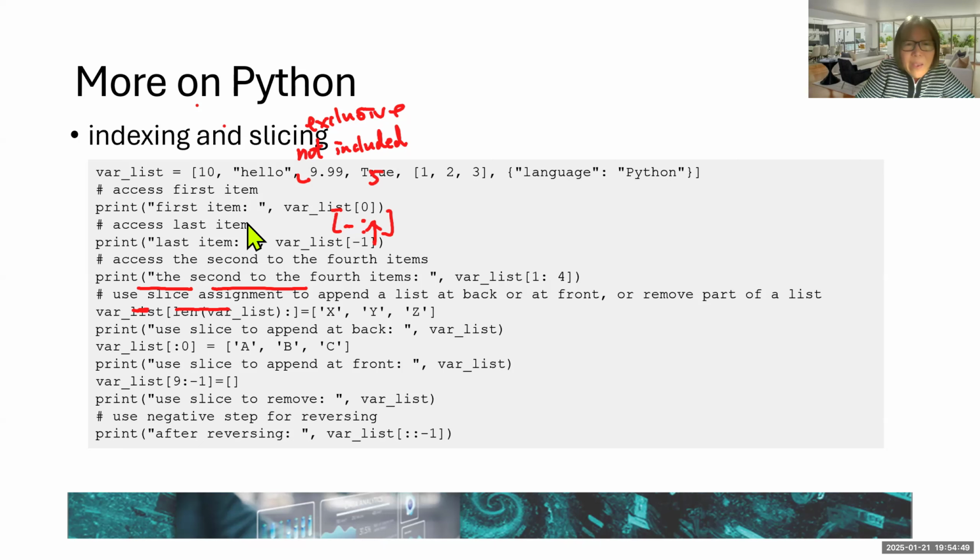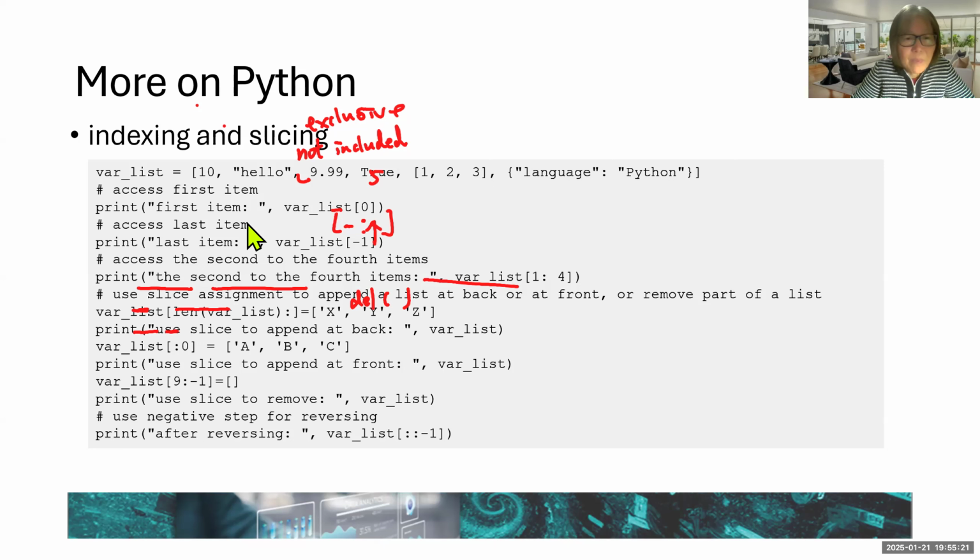And then here, if you take a look at this slice from 9 to the last, and then it says an empty one. In this case, you remove part of the list. For a list, you can also call a delete function and some other functions, but here it shows that using slicing, you can also do this.